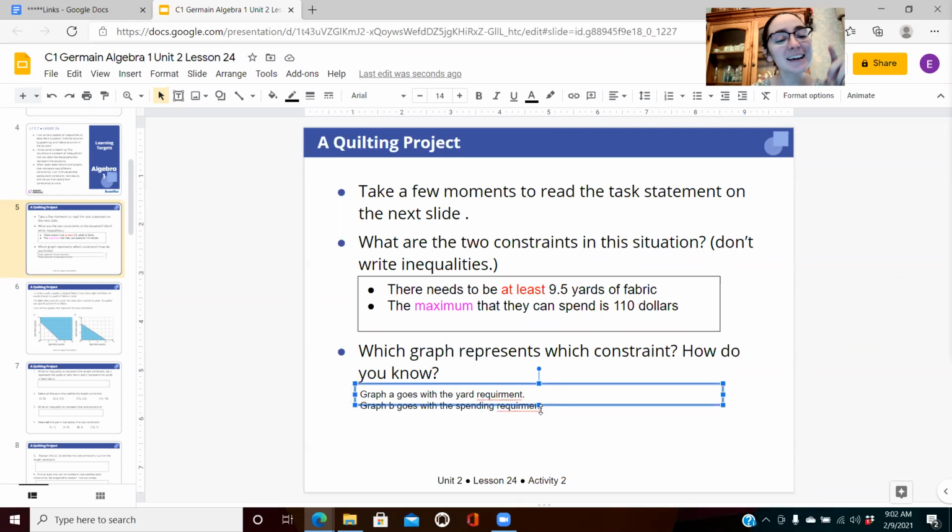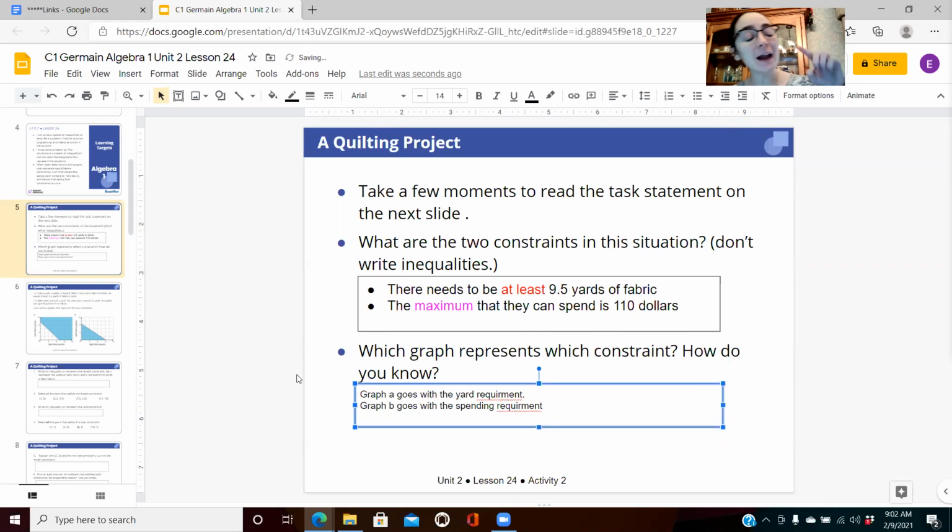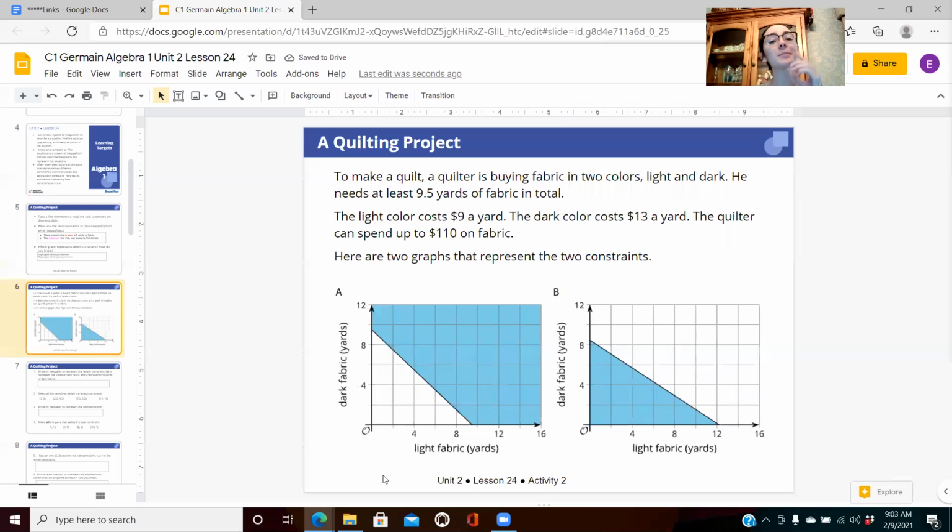And we're saying that graph B goes with the spending requirement because we can't spend more than, so it's going to be that region below this line because we can't spend more than $110. Okay, awesome job. Thank you for that, Gabe, and Peyton as well.